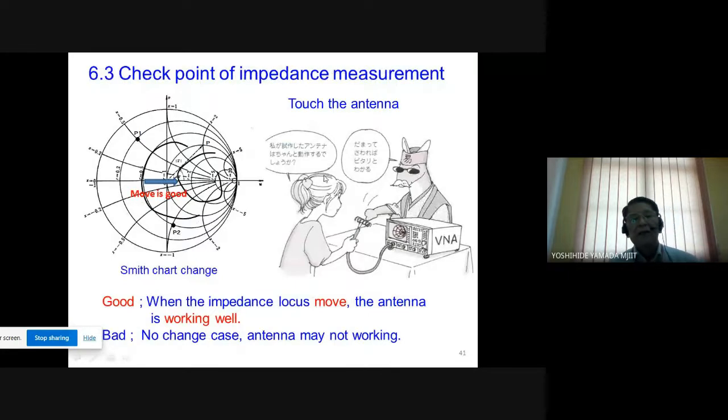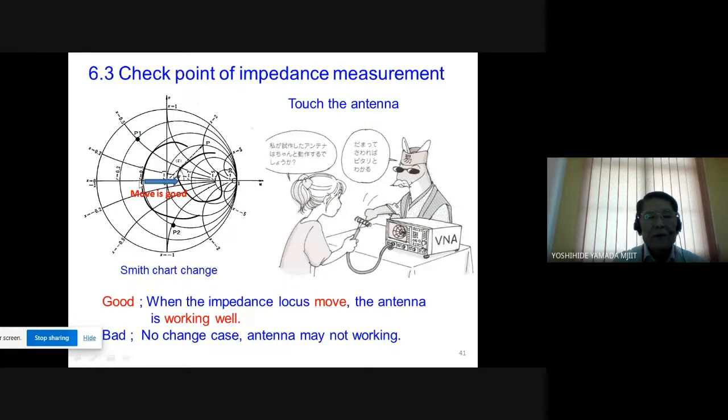So another checking point of antenna radiation. If the antenna is working, then there is a current flow on the wire. So by touching it with our hand, the current flow on the antenna is changed.